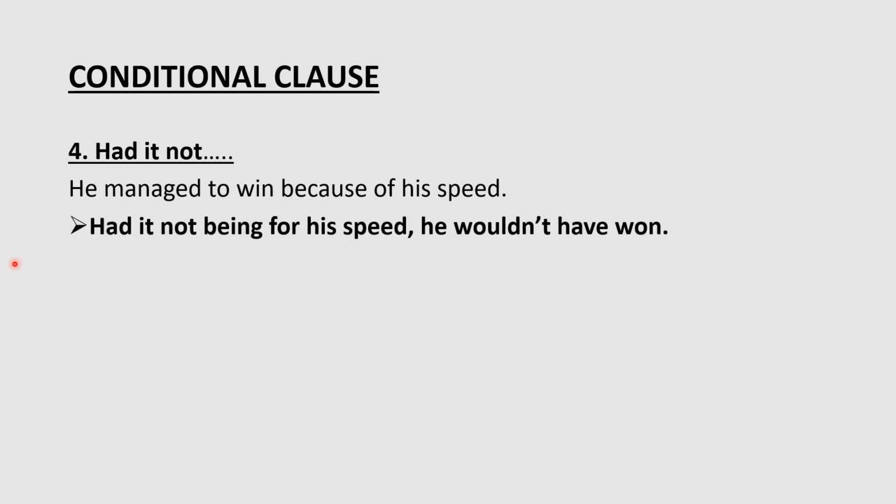So it becomes like this: had it not, and it's always followed by been. Had it not been for his speed, he wouldn't have won. There's always going to be been, and there's also going to be wouldn't. Had it not been for his speed, he wouldn't have won.